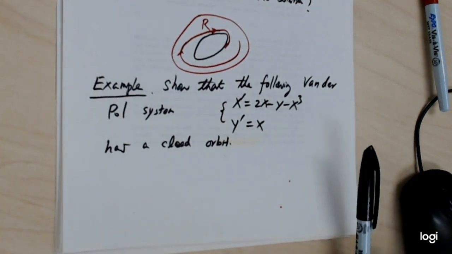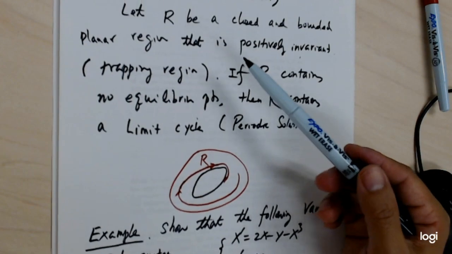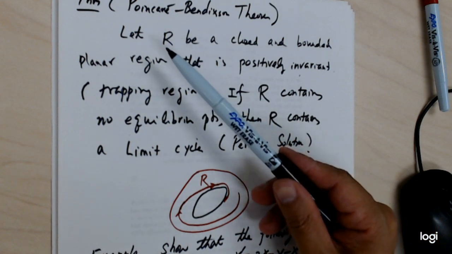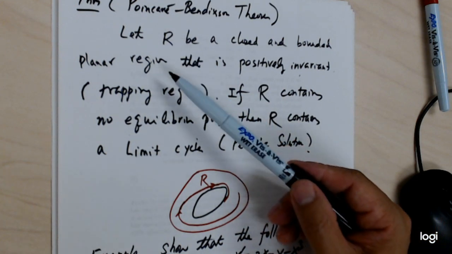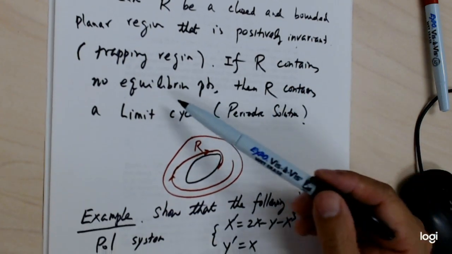How do I show this one actually has a closed orbit? Well, according to the Poincare-Bendixson theorem, you need to somehow come up with a closed and bounded region that's trapping, that's positively invariant, that also has no equilibrium.